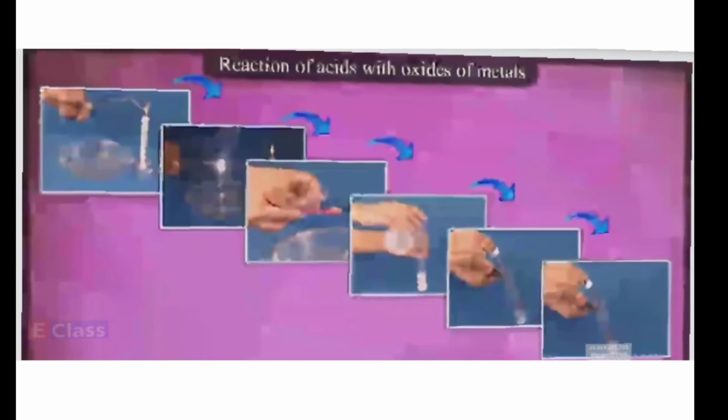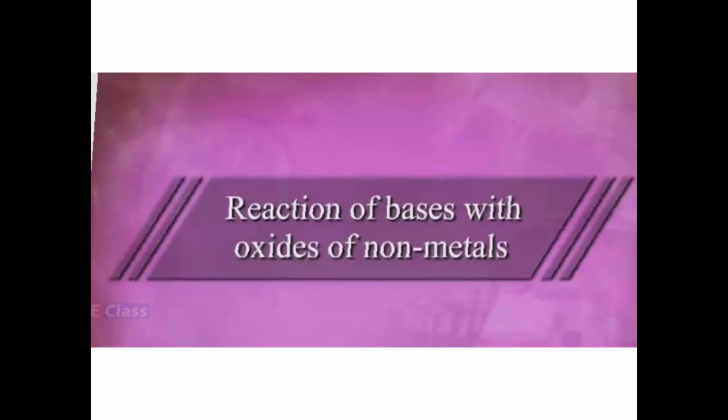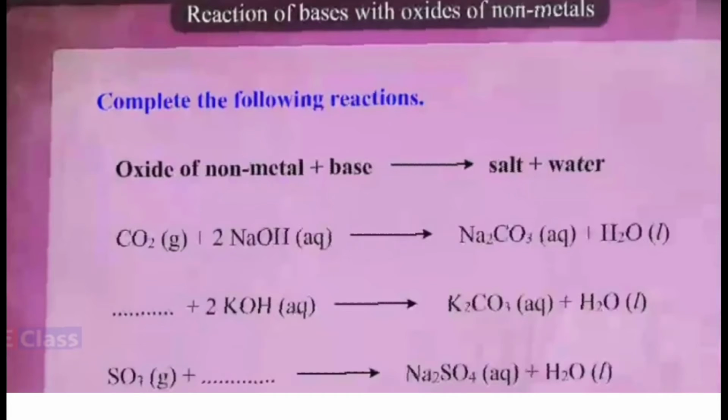Now reaction of base with the oxides of non-metal. So let us see the reaction of bases with the oxides of non-metal. What was previous to this? Here it was metal oxide and here it was acid. Now here it is base and here we have non-metal oxides. Okay. So remember here again, observe the things.